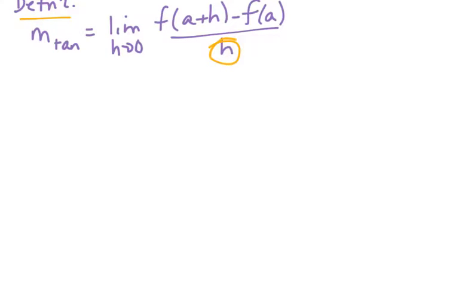For definition 1, you're going to be told to use a definition to find the slope of the tangent line.